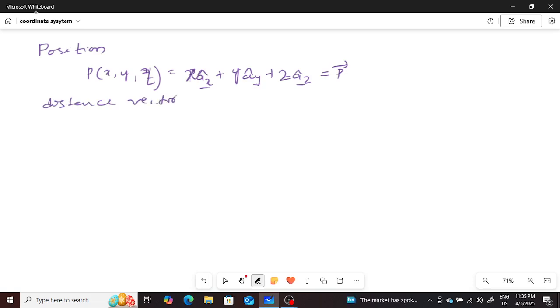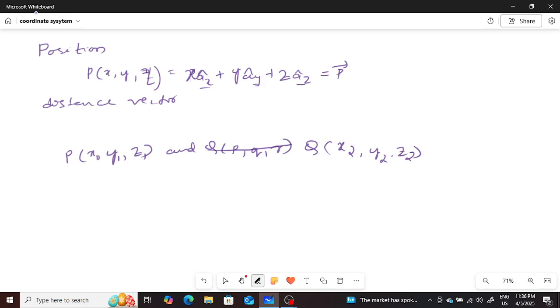When two points are given, P of x, y, z and Q, it's better to write x1, y1, z1 and x2, y2, z2. It's not wrong otherwise, but this makes it simple.